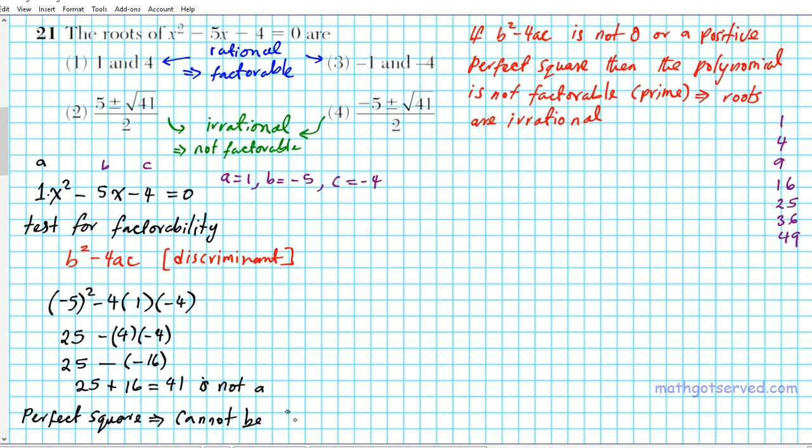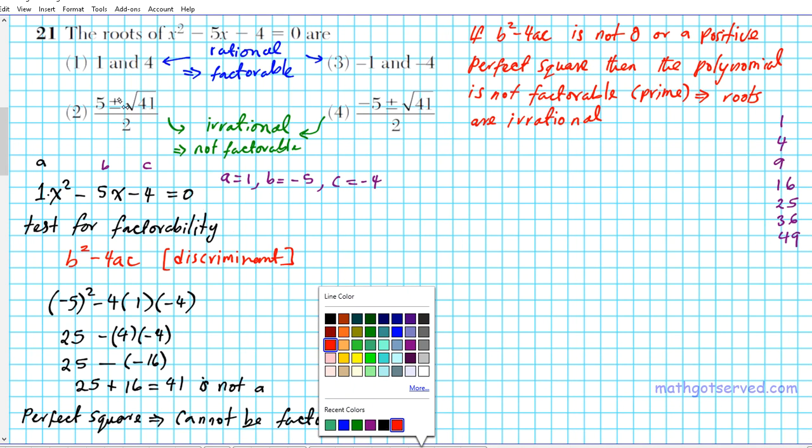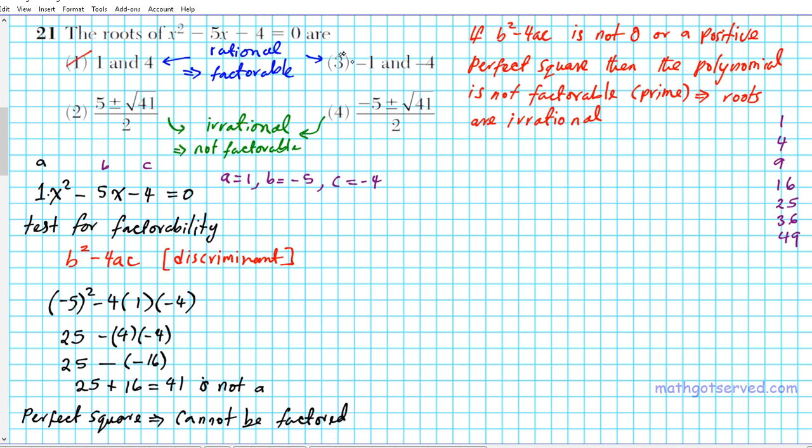If it cannot be factored, that means that the solution is not going to be rational. So based on the value of this discriminant, we can eliminate options 1 and 2 because they are rational and they require the discriminant to be 0 or a perfect square.